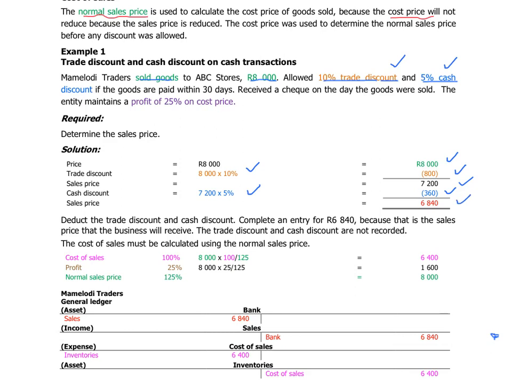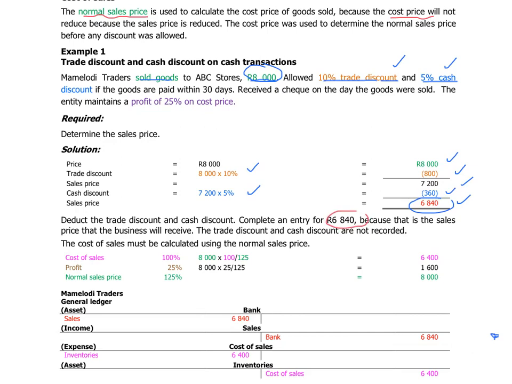So we determined now that although the normal sales price is 8,000 Rand, we will not receive an income of 8,000, we will receive an income of 6,840. We will record an entry for the 6,840 because that is the sales price that we will receive.